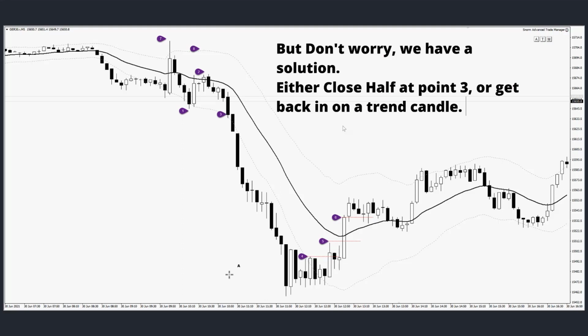Number 1 is you can close half over here. Compared to the previous example, prices slowed down around that level, but this time there's a strong breakout candle that actually closed outside. That's why it's best not to have target points. In the first 15 to 20 trades that you take, you can just put a target point there.